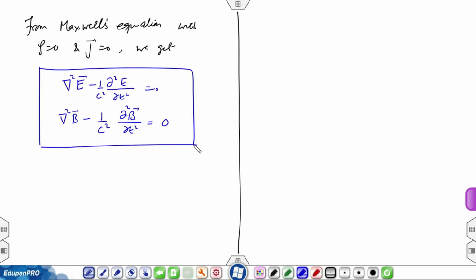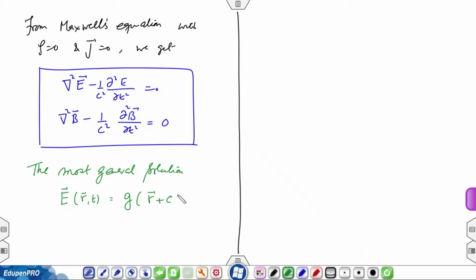The most general solution is that E as a function of r and t will be some function, some g of r plus c t in some direction of propagation plus some f of r minus c t in the opposite direction.